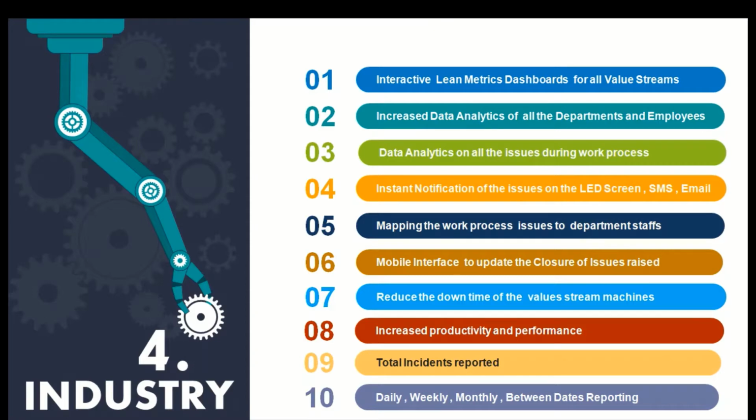These data will be helpful to the management to analyze and take corrective actions, through which we can reduce the machine downtime and increase productivity and performance of the staffs.